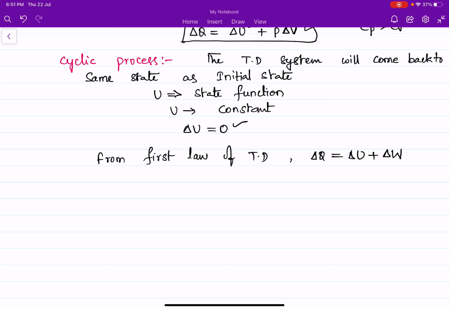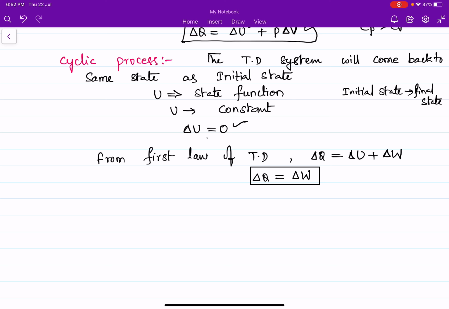So here the amount of heat energy supplied in the cyclic process will go in the form of work done by the system on the surroundings, because in the case of cyclic process, initial and final states are the same.